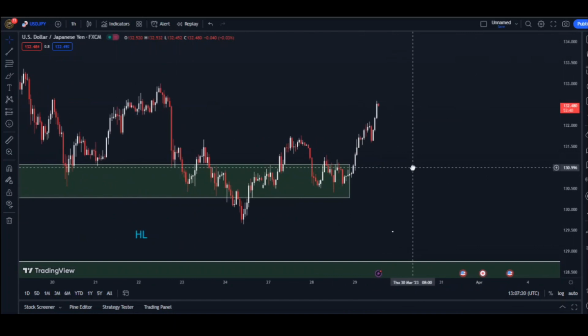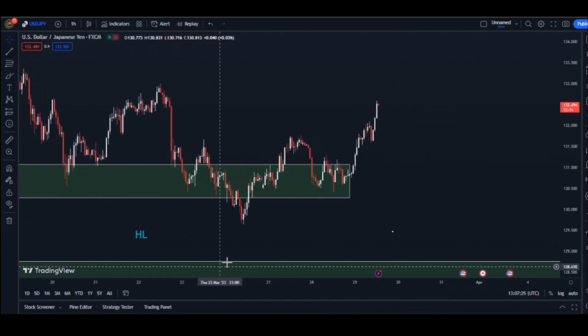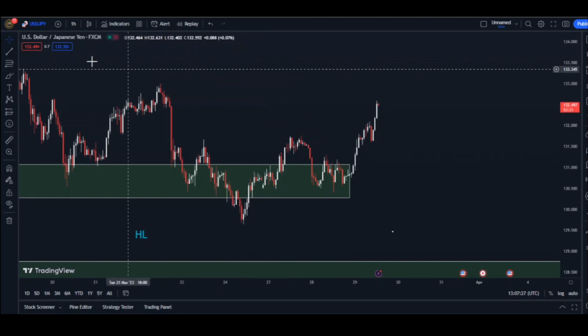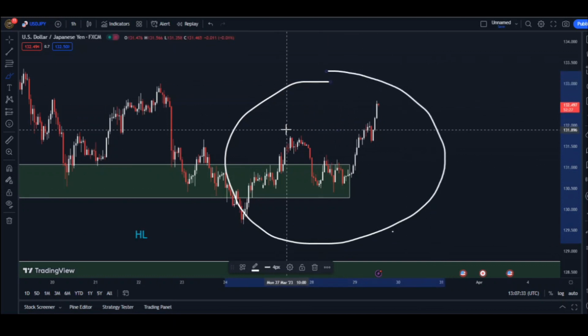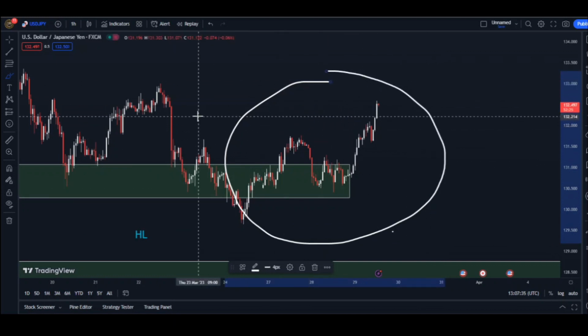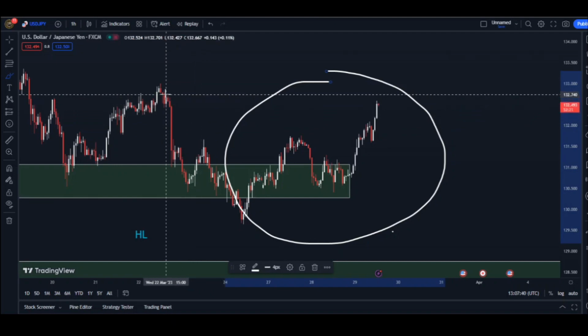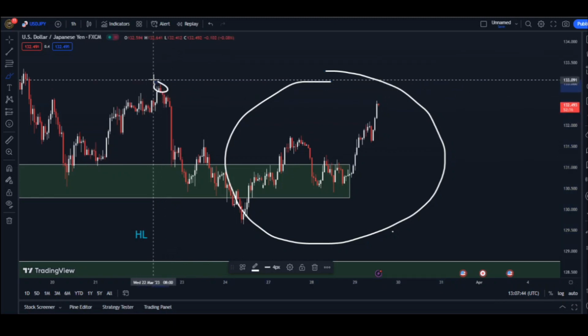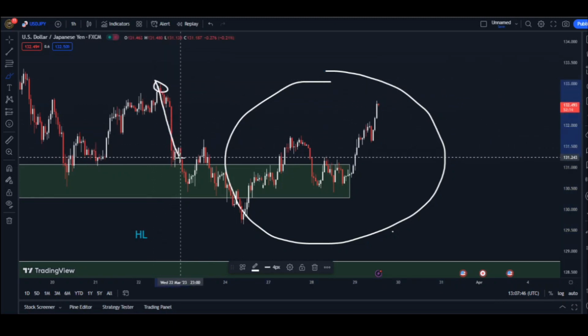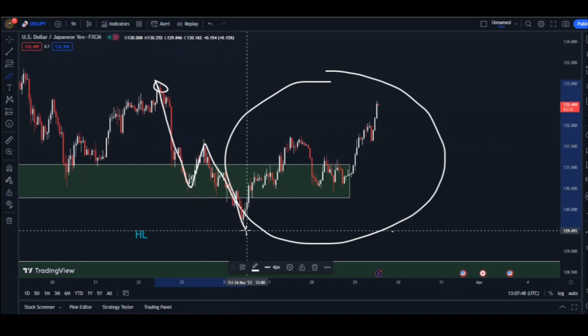So how are we going to take this opportunity for a long position? We're just going to read the structure. Again, we are looking at the structure at the lower time frame. Again, we're going to read the higher high, higher low, etc. Coming from a downtrend, you can see that the market formed a lower high, lower low, lower high, lower low. And what did the market do?